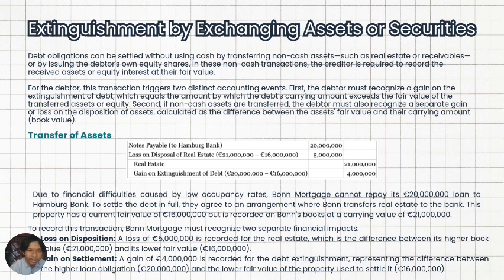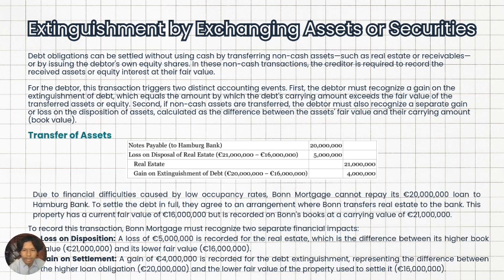As we can see here, the transfer of assets, we assume that Hamburg Bank loaned 20 million euro to Bond Mortgage Company. Bond in turn invested these monies in a residential apartment building. However, because of a low occupancy rate, it cannot meet its loan obligation.